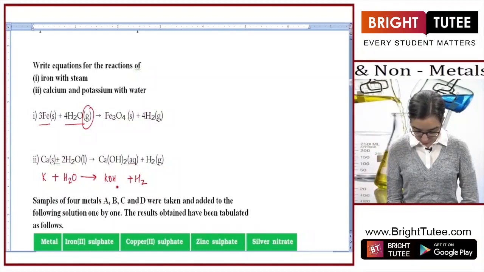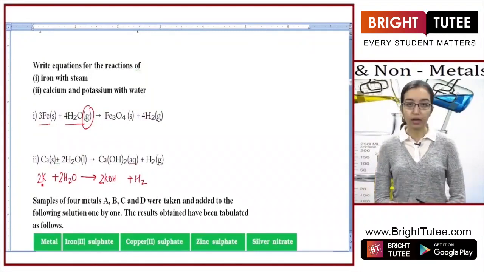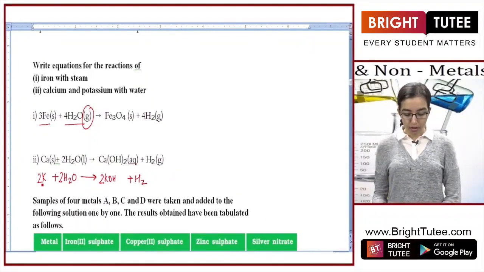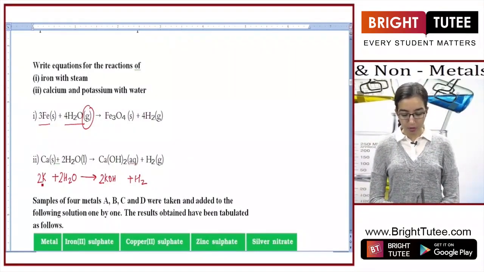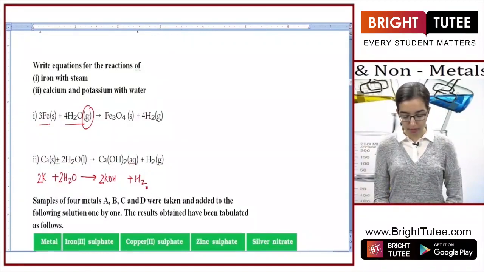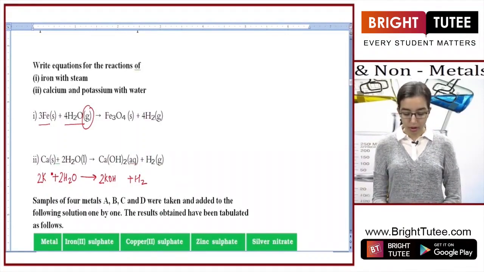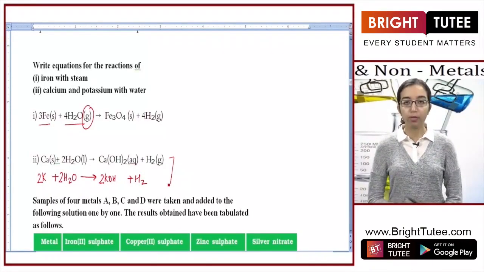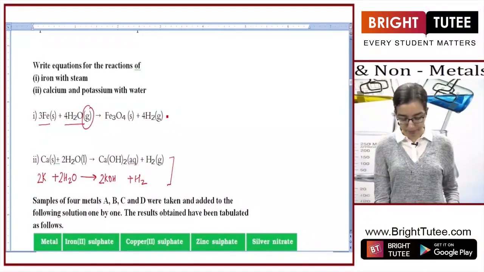To balance this equation, we would have to put a 2 here. And now this equation is balanced. So upon balancing this equation, you see that there are 4 hydrogen atoms here, 4 hydrogen atoms here, 2 here and 2 here. Oxygen is also balanced and potassium is also balanced. So these elements, being highly reactive, form hydroxide, whereas this iron forms oxide.